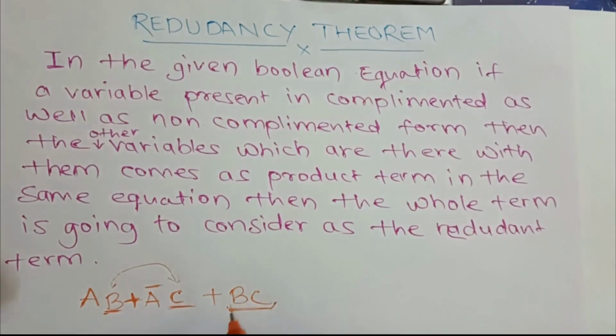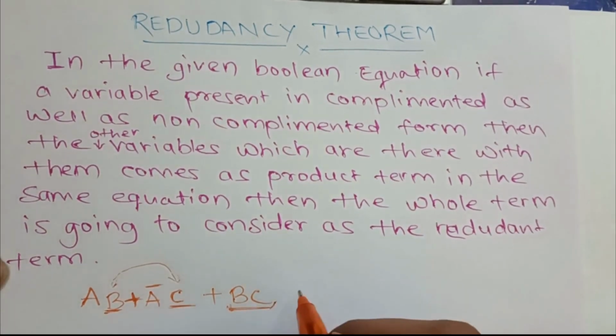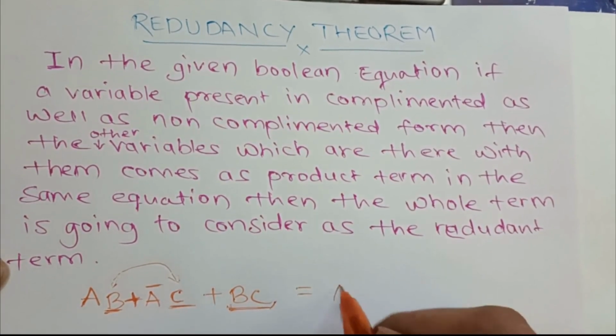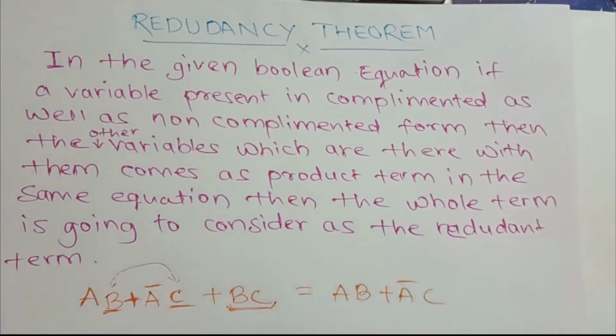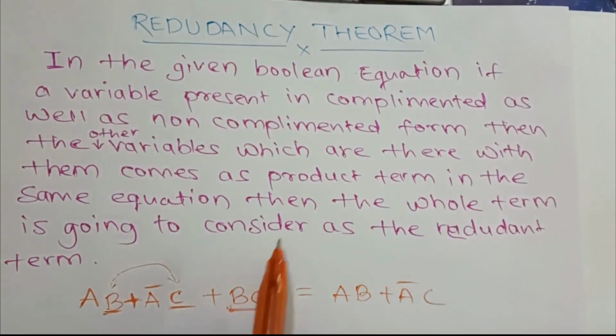That means this can be neglected and the whole equation can be written as AB plus A bar C. This is what this theorem is all about.